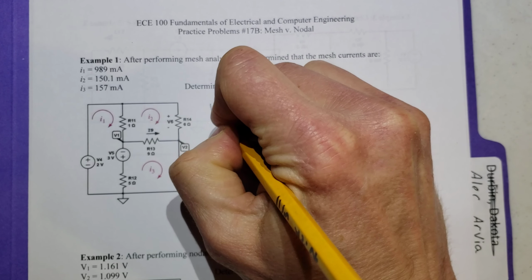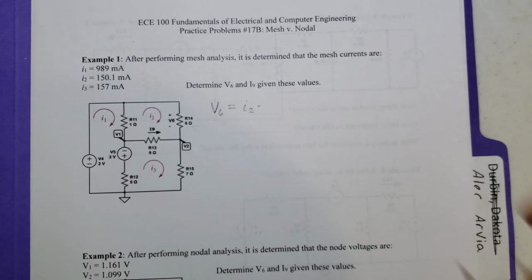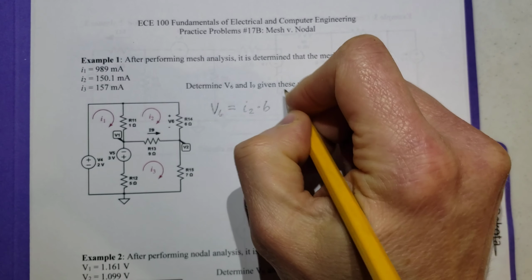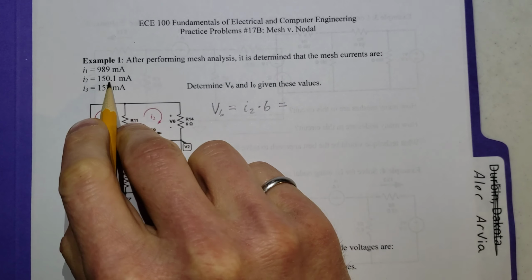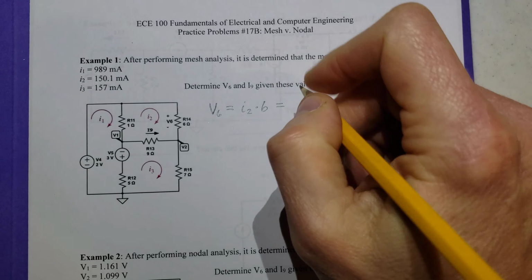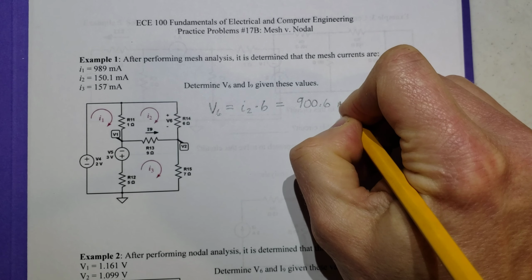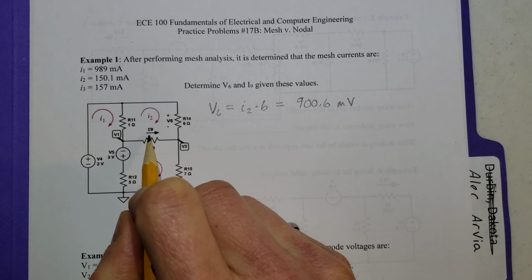So for this, V6 is just I2 times 6 ohms. And when we multiply that out for I2, it's 150 milliamps. And for that, we would get 900.6 millivolts.